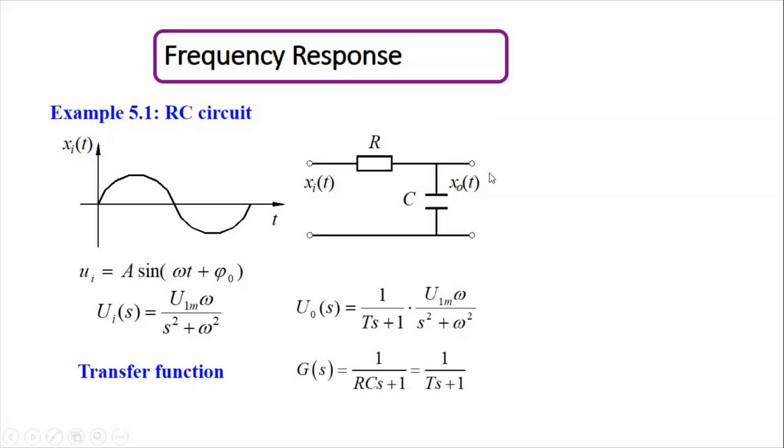Now divide X naught of s by Xi of s, and what expression do you get at the end? Please check whether everyone is getting this transfer function. I and I will get cancelled because it is a common factor in both the numerator and denominator.